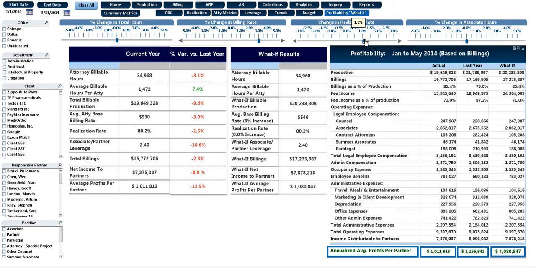Coupling this likewise with an increase in realization by just 1.5 percentage points gives you a picture of the two changes together. Add better leverage, and we can see that the shortfall from last year in per partner profitability would be virtually erased.